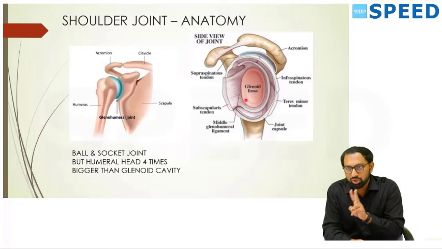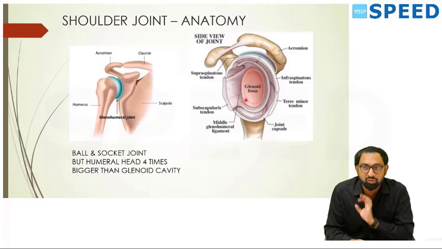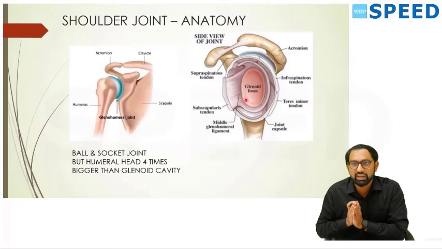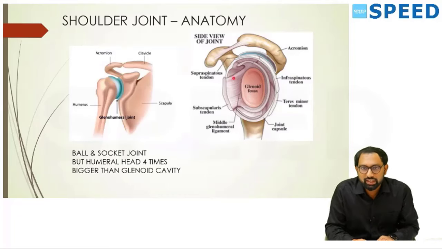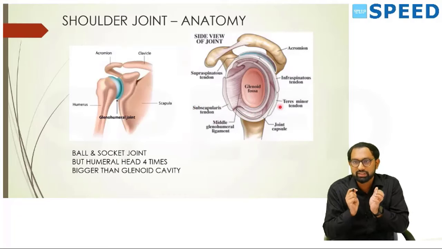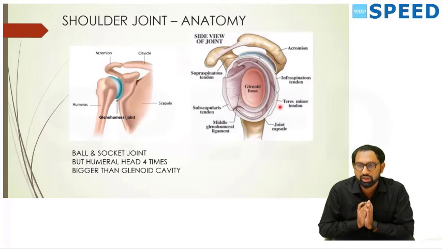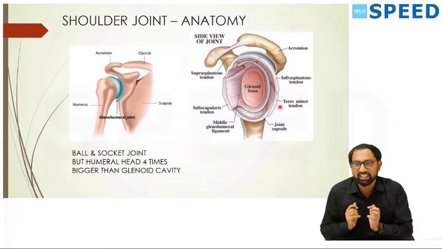So you have the capsule, you have the labrum, and then you also have something called the rotator cuff muscles. In anatomy, you'd have studied about them. Which are they? They are the supraspinatus muscle, the subscapularis muscle, the infraspinatus tendon, and the teres minor. So these 4 rotator cuff muscles form a kind of sling around the shoulder joint, and they see to it that the shoulder joint is well seated or well protected.